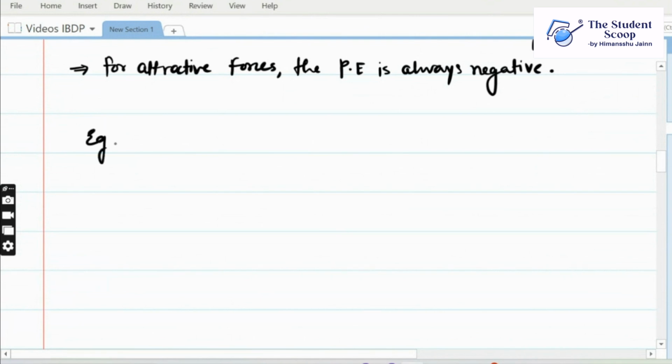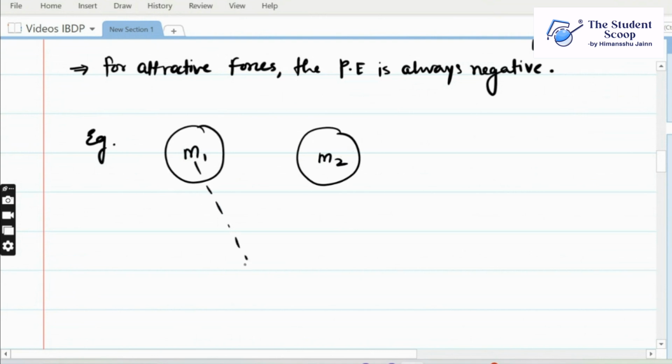With an example we will understand how we can calculate a potential between two points. Let's say there is a mass m1 and then there is a mass m2. They are separated from a point p, and the distances are r1 and r2. The question is, what is the gravitational potential at p? In this case we need to remember that gravitational potential is a scalar quantity.